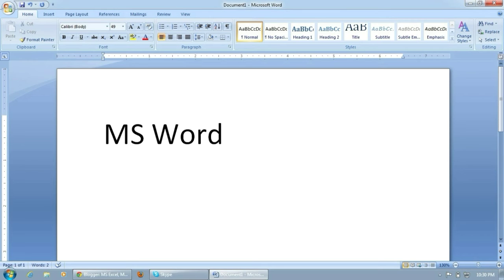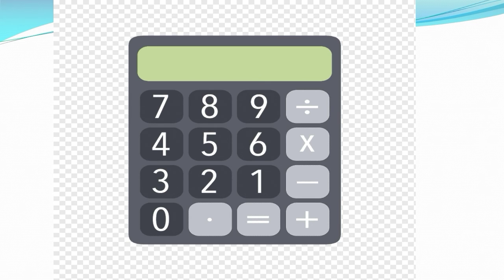MS Word is used to type text in documents. Calculator is used to perform arithmetic operations like addition, subtraction, multiplication and division.